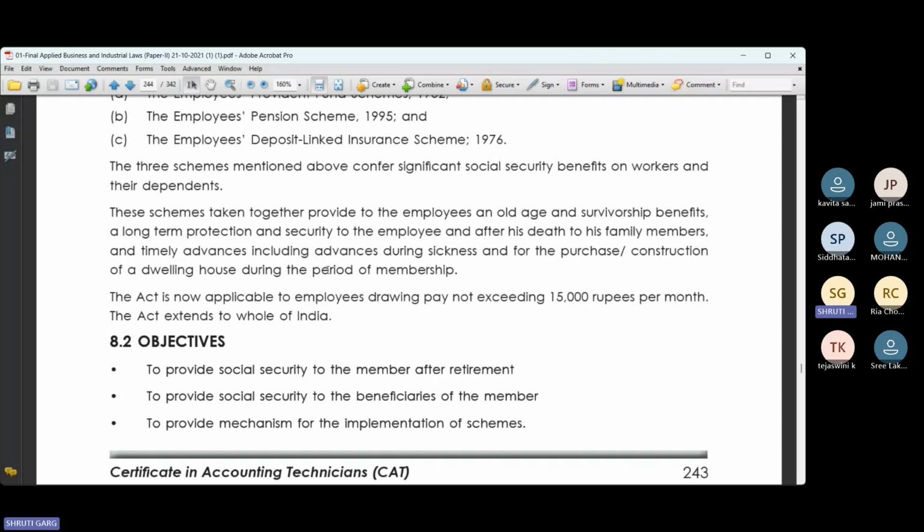And this act is now applicable to employees drawing pay not exceeding 15,000 rupees per month.